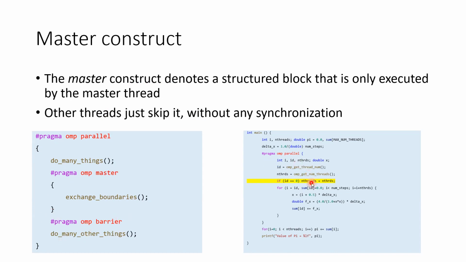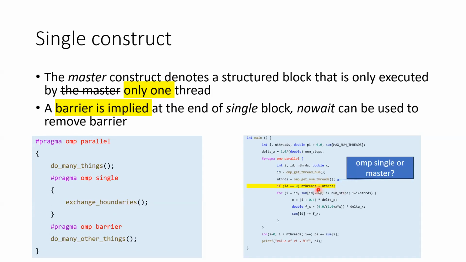So given a choice of whether to use master or single, what would you use? We will be using single for the case when there are many shared data items among the threads, right? Can you repeat?